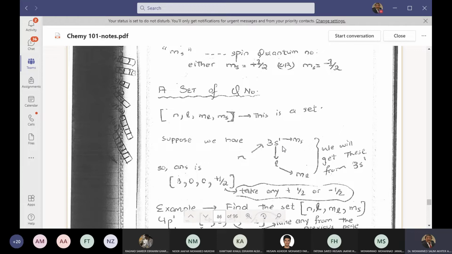So this is 3s1. So 3 is the first number, means n is equal to 3. I put 3. I have s here. S means L should be equal to 0.